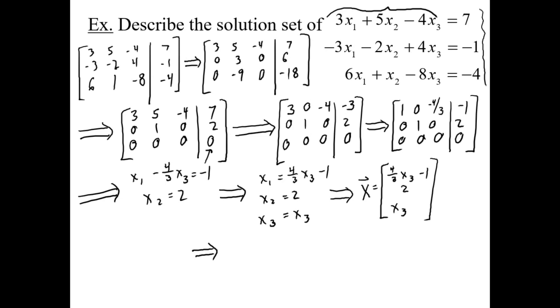One of the vectors had the x2s, one of the vectors had the x3s. Well, here, I'm going to make one vector that has the x3s. So that would be 4 thirds x3, 0, x3. And then I'm going to add to that a vector that has no variables. So that would be negative 1, 2, 0.